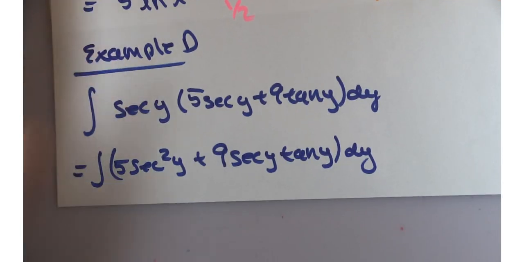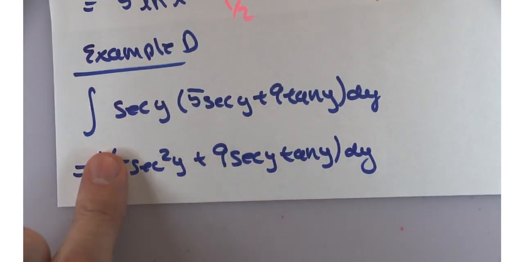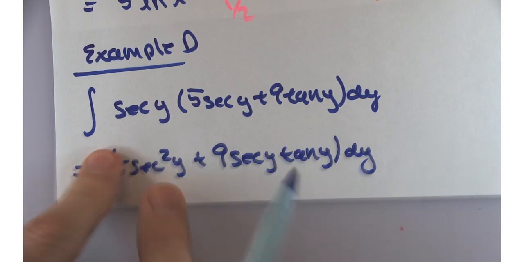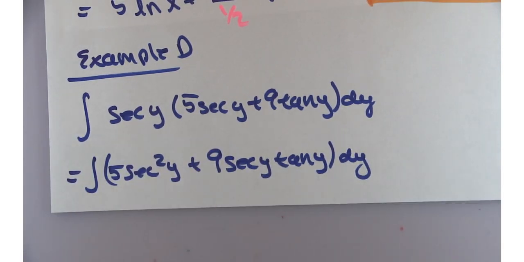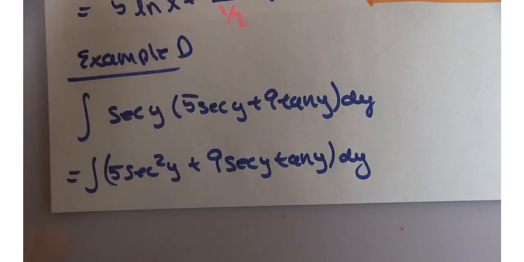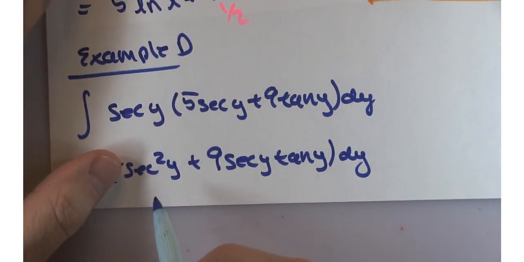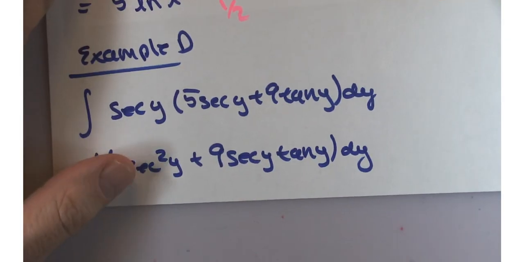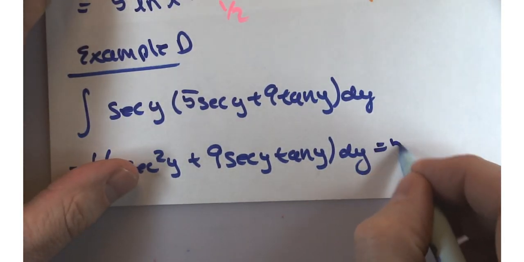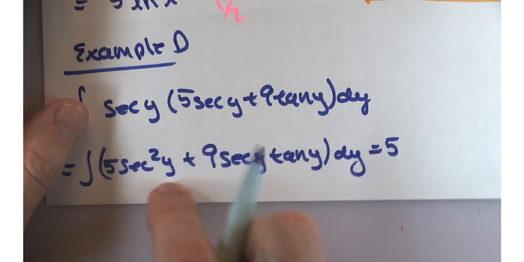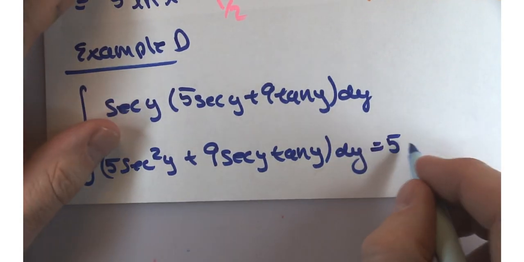Now when you're finding the antiderivative, you can kind of ignore the constants a little bit. They don't go away, but you're just not really going to focus on that part of it. You're going to look at something and say, all right, what do I differentiate to get secant squared? Iris? Does that one come to mind? Tangent. Thank you, Iris. 5 secant squared becomes 5 tangent.